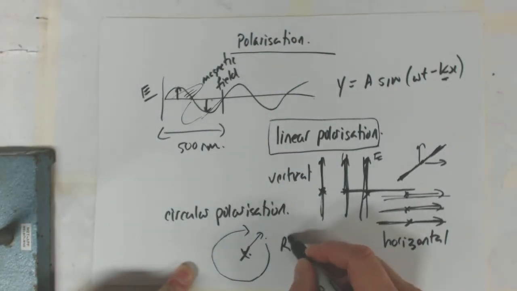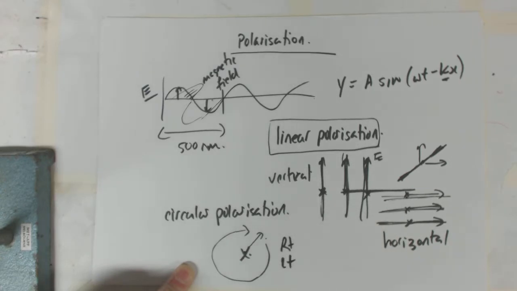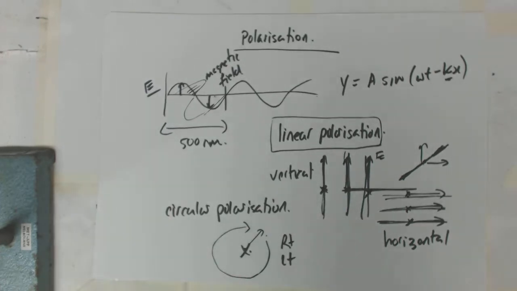So you have a right hand or a left hand circular polarization. So that's important. And often what happens when something reflects, like off a screen, it goes from a right circular to a left circular. And that can be useful if you've got a filter. That's how we get rid of reflection in photography, using a circular polarized filter.